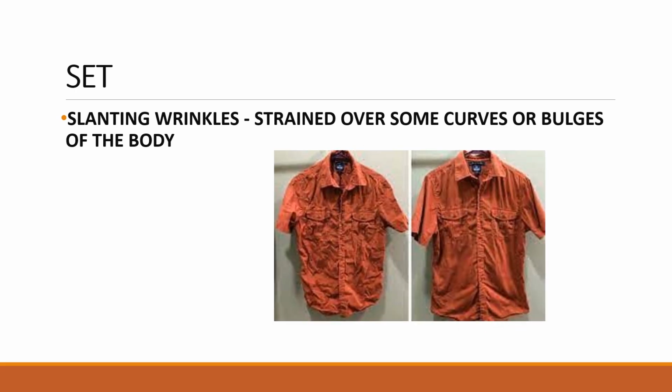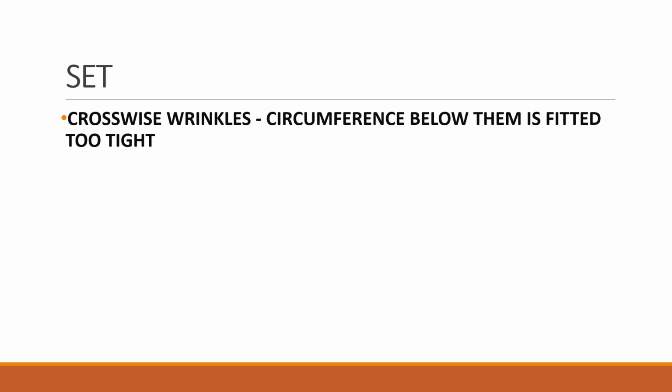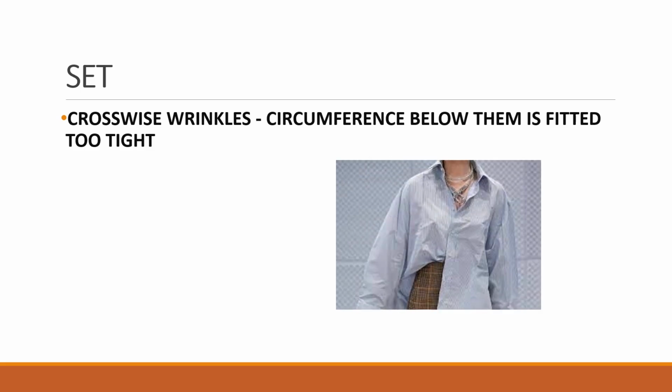This kind of slanting wrinkles will occur in the garment, so we have to carefully handle the garments. And crosswise wrinkles will be there at the circumference when it's fitted too tight. So how these wrinkles appear is also important in the set property.